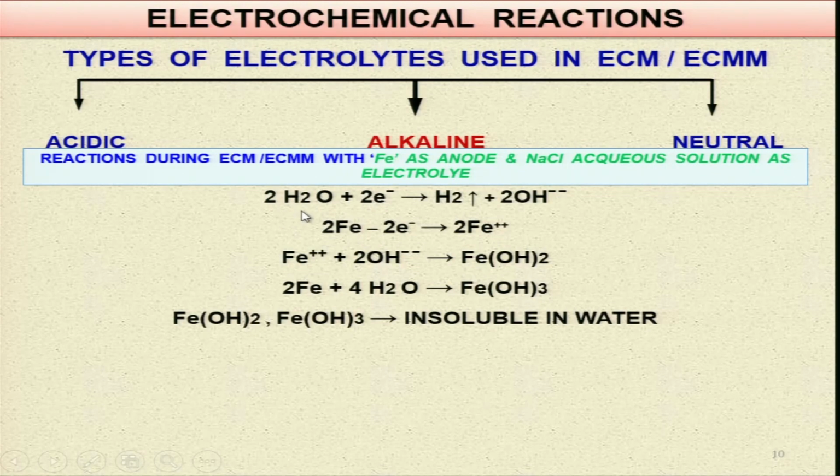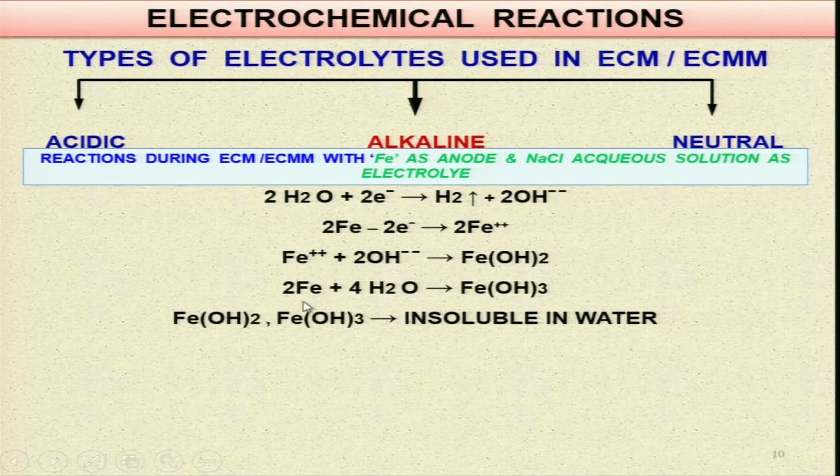Electrolysis of water: H2O plus 2 electrons gives hydrogen gas evolved plus hydroxyl ions. Then Fe minus 2 electrons gives Fe2+, and Fe2+ plus 2 OH- gives ferrous hydroxide.